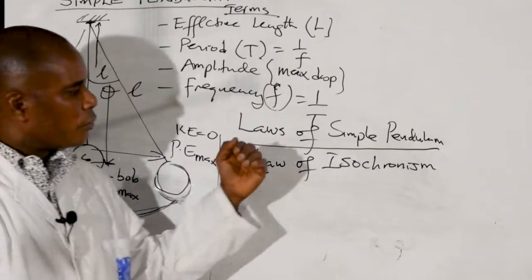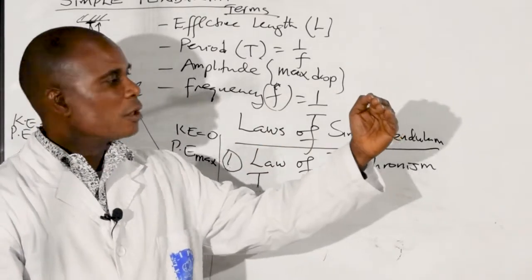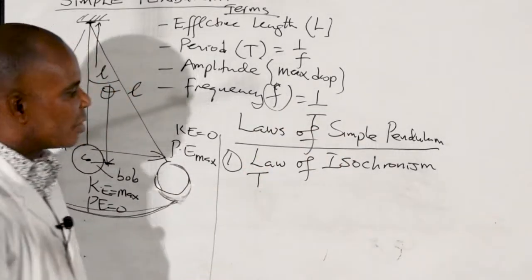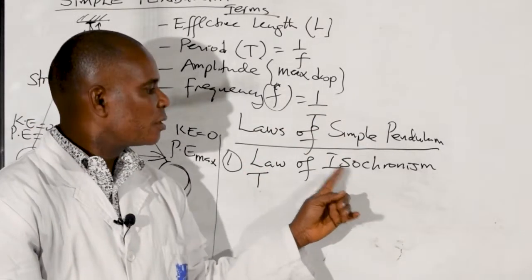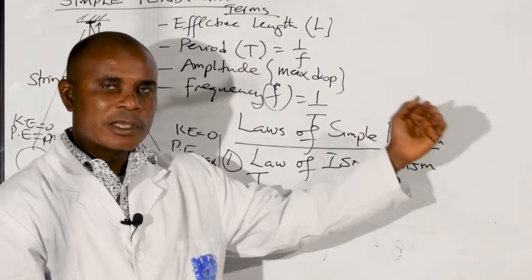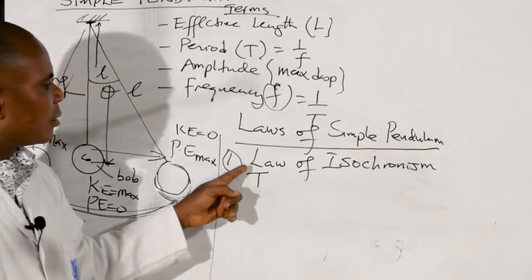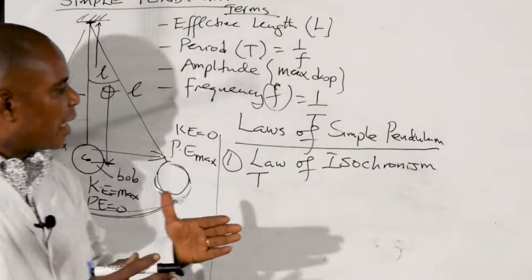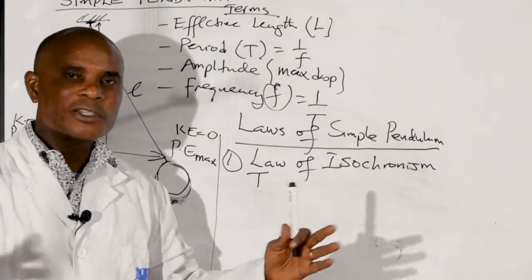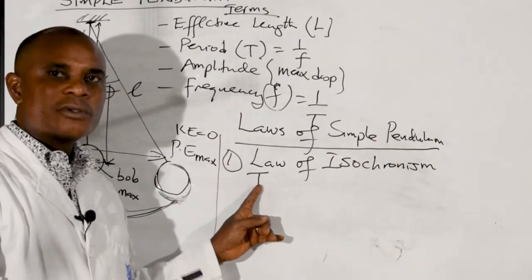So for the law of isochronism, I have to ensure that the amplitude is not too large. If it is too large, then the period is going to be affected.